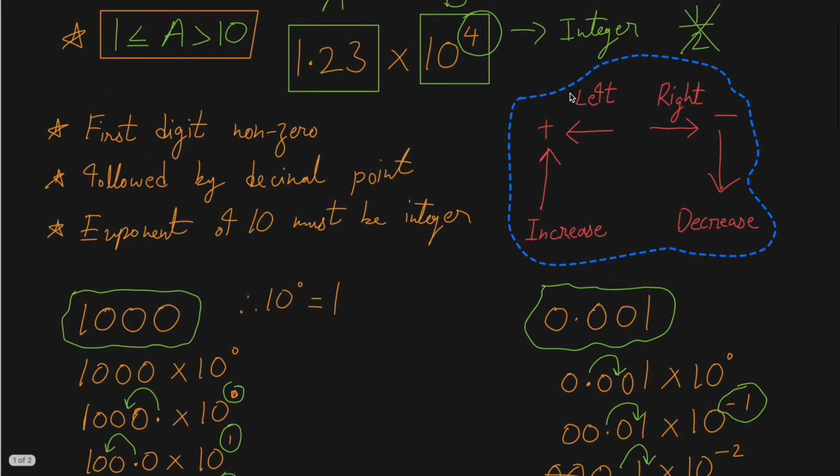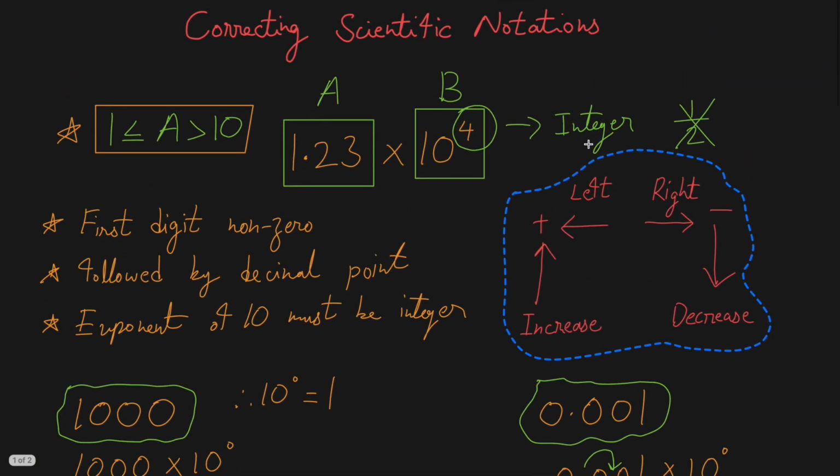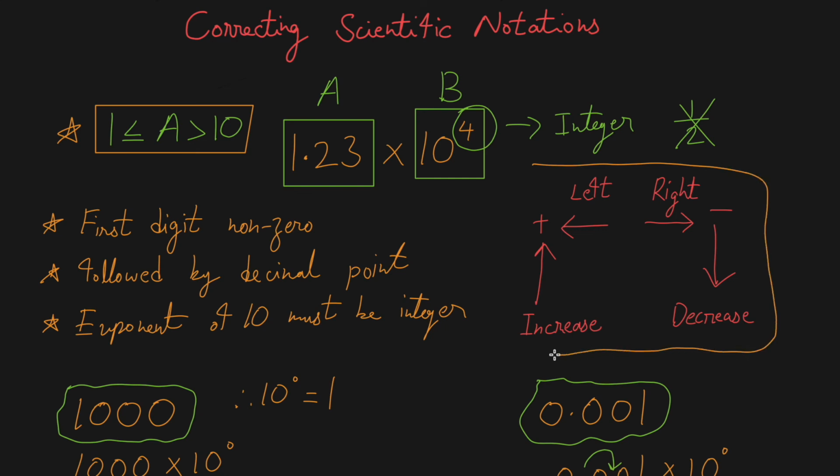As long as you are following this method, it's not going to be easy at first, but once you get the hang of it, this is the general method for literally doing any calculations in scientific notations.